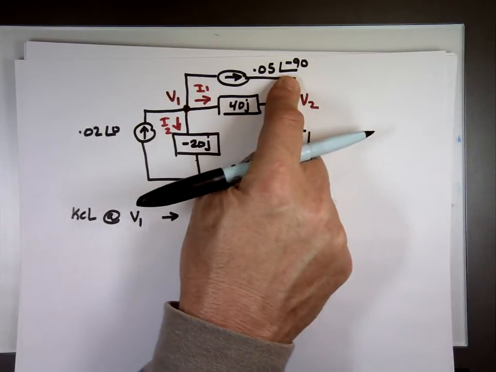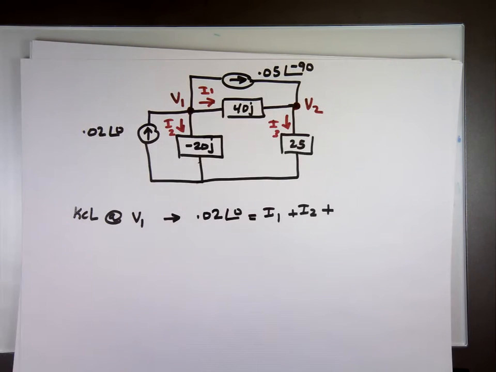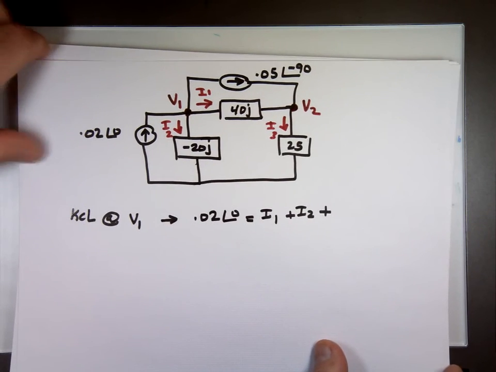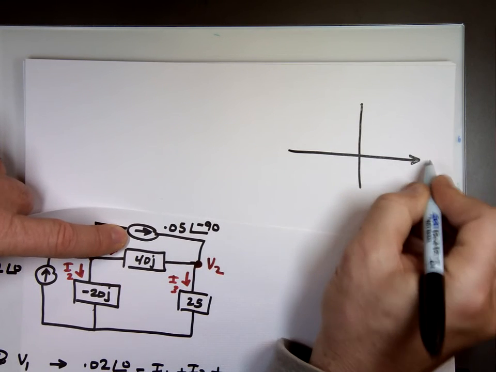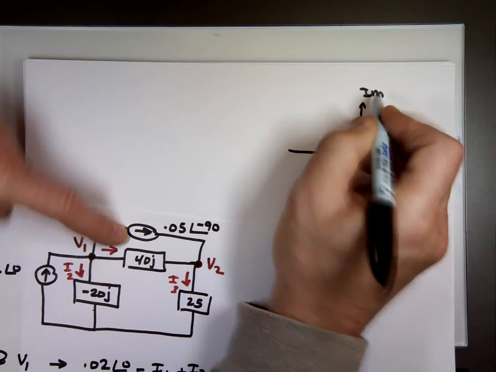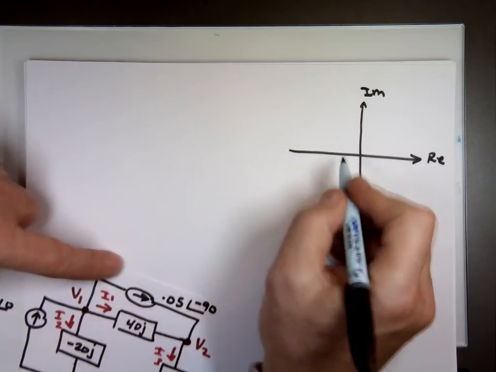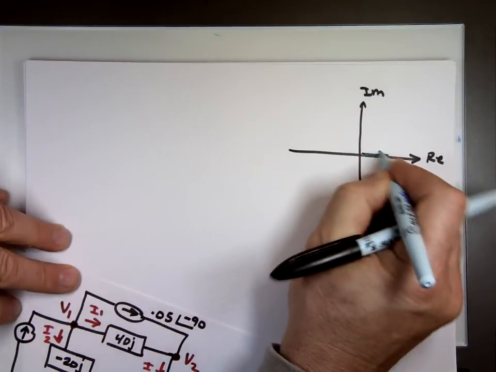If you really want to think about your complex numbers, this is a nice sheet of paper with stuff on it. Complex numbers. This is the real, this is the imaginary. The first one, 0.02 angle 0, that means it's a vector in this direction. So it's all real.